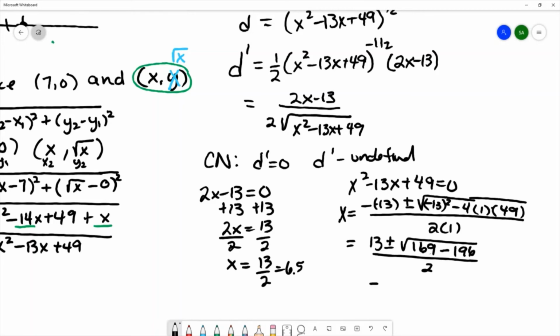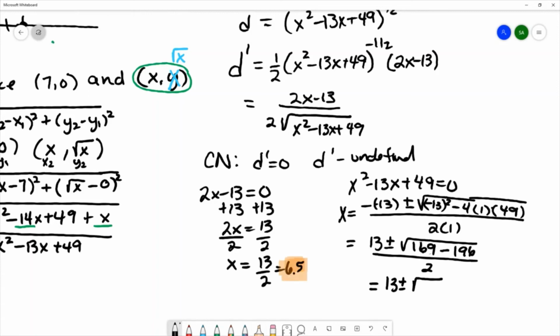And you can see that we're getting a negative underneath our radical. And so that means we have imaginary solutions and we don't gain any critical numbers from the derivative being undefined. So we have only the critical number of 6.5.